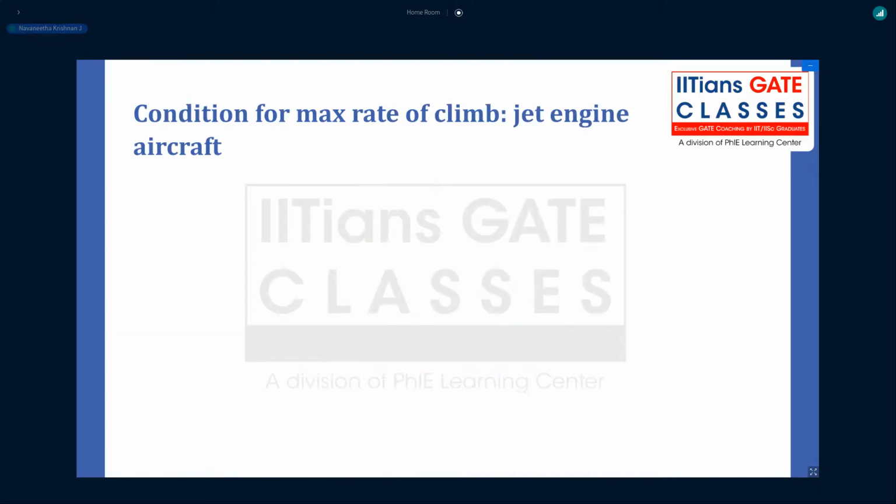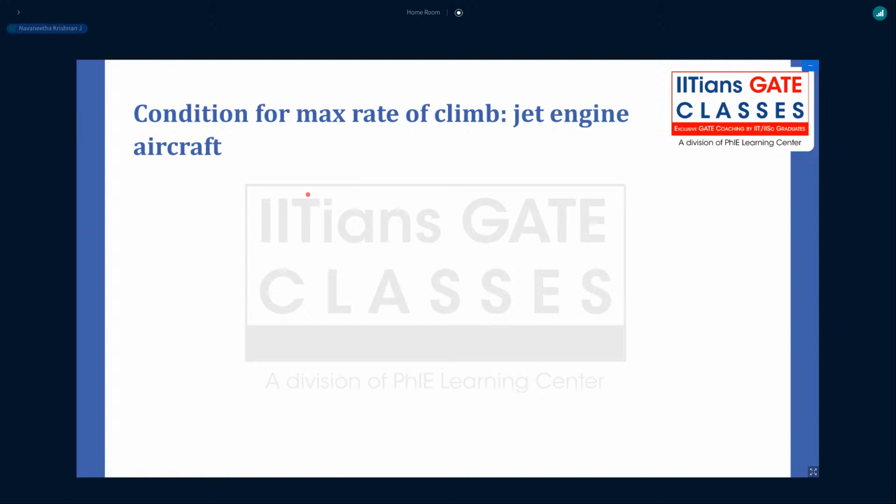Now, what is the condition of maximum rate of climb of a jet engine aircraft? For a jet engine aircraft, we never measure performance in terms of power. We always measure performance in terms of thrust.